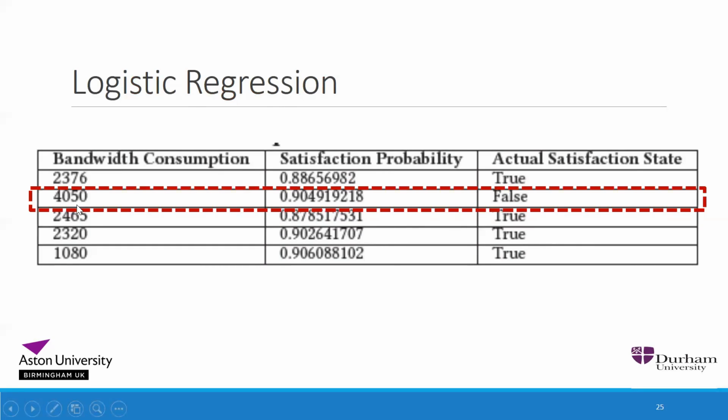For example, at a specific simulation time step, if the bandwidth consumption is 40 or 50 gigabits per second or something like that, and the belief satisfaction probability for the satisfaction state of the non-functional requirement is 0.9, to what extent do they represent the actual satisfaction state, true or false, that is, whether the bandwidth consumption is not satisfied.